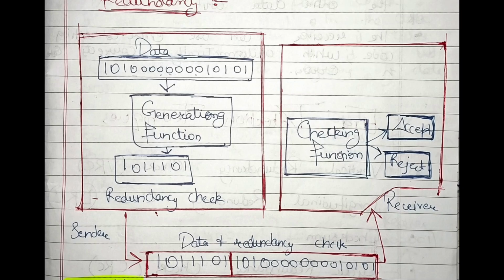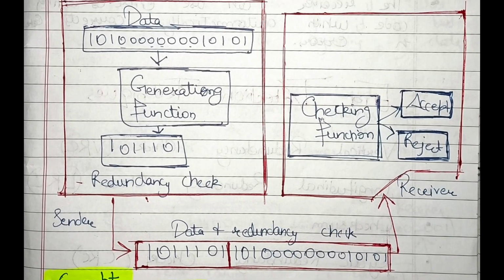If the redundancy check that he gets after applying the algorithm on the data matches the redundancy check originally sent by the sender, then the data will be accepted. This means there is no error, because the algorithm the sender applied on the data gave the same redundancy check as it gave in the receiver's case. So this implies that there is no error.